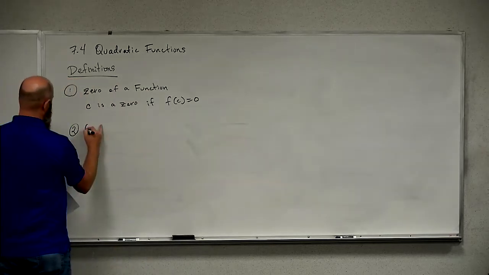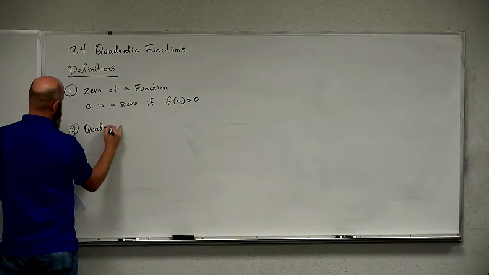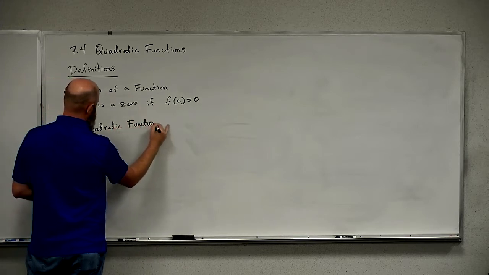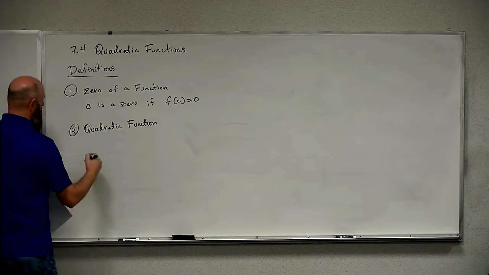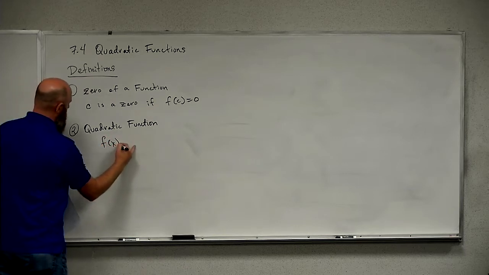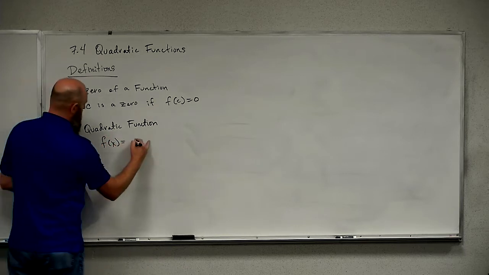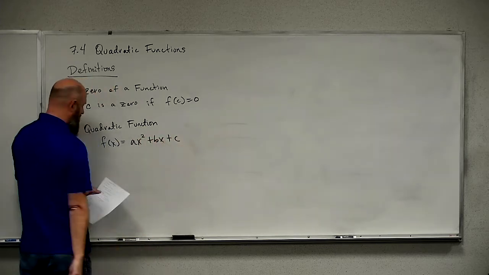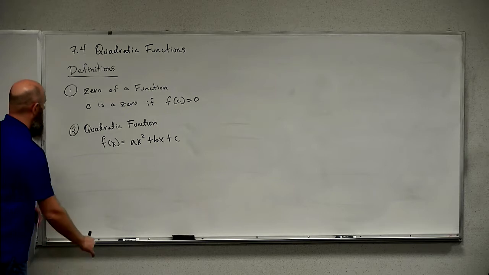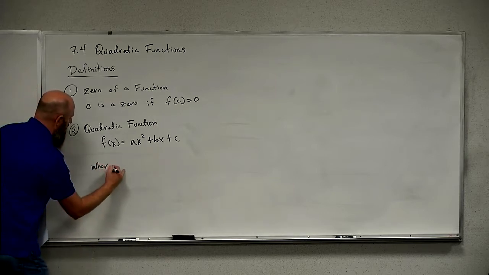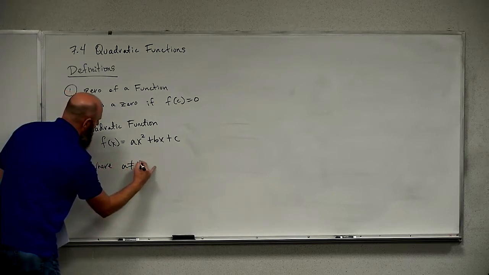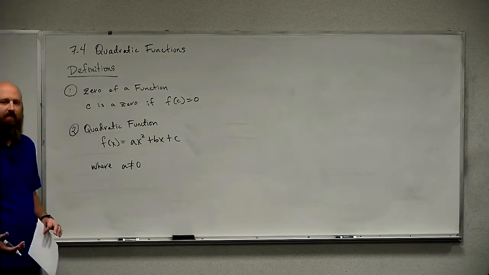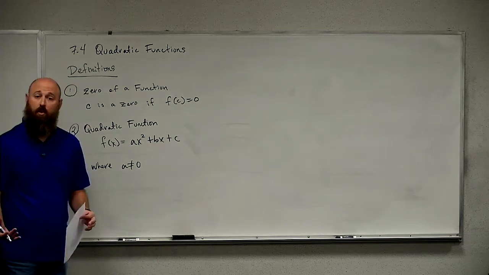Quadratic function. This is a function f of x equals ax squared plus bx plus c, specifically where a cannot be 0, because if a is 0, that means we don't have the x squared, and it's no longer a quadratic.